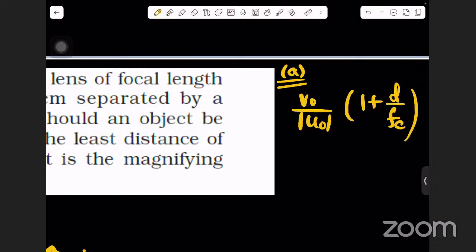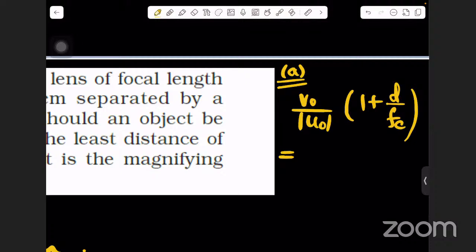Image distance for objective, divided by the magnitude of the object distance for the objective, into 1 plus near vision, that is 25 centimeters, divided by the focal length of the eyepiece.